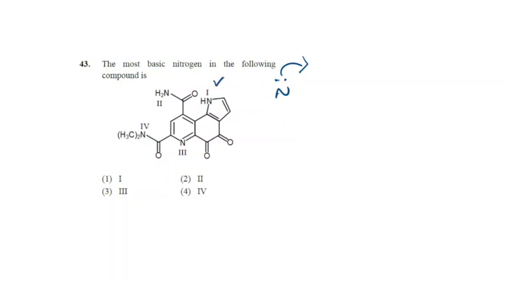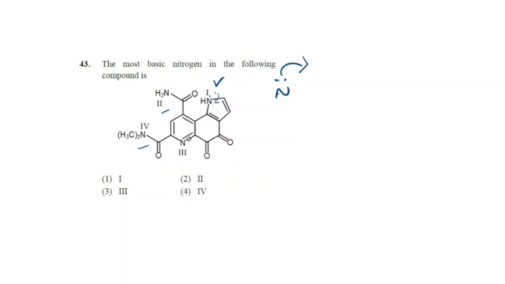Suppose we consider the first one, it is involved in aromaticity. In the second and third one, there is a C double bond O, where there is a chance of conjugation or resonance.